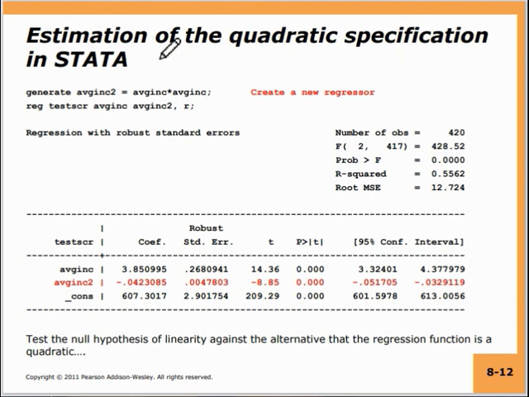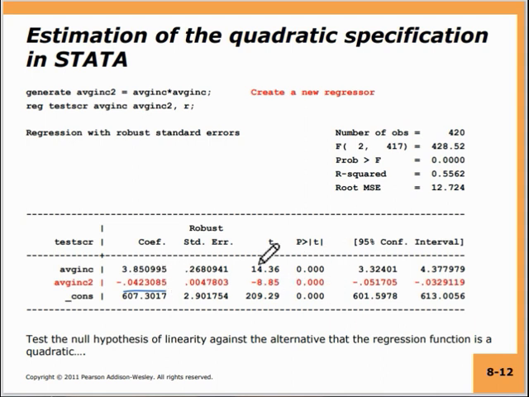So if you estimate the quadratic specification, what you do is you take your independent variable and you create another variable which is the square of the previous independent variable, and you include that squared variable into your regression equation. Now what happens if you include the squared variable? Look at this. You have some beta coefficients.